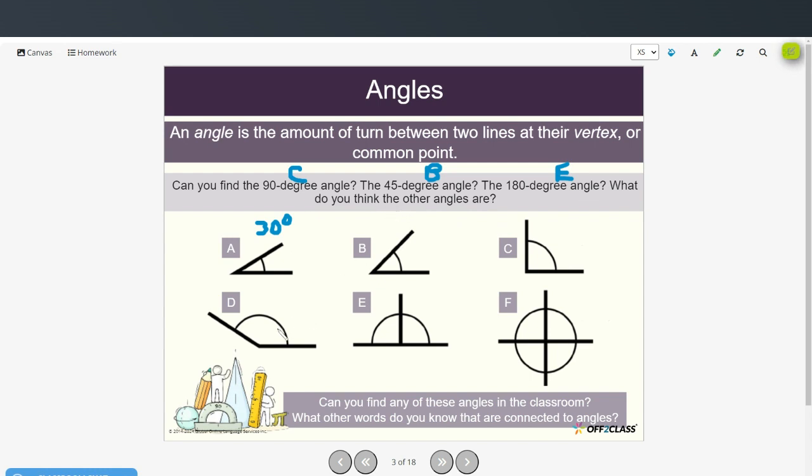Here, letter D, I think so, straight up and down would be 90 degrees, and straight across would be 180. So somewhere between 90 and 180, so maybe about 120. And then forming a circle is 360 degrees.